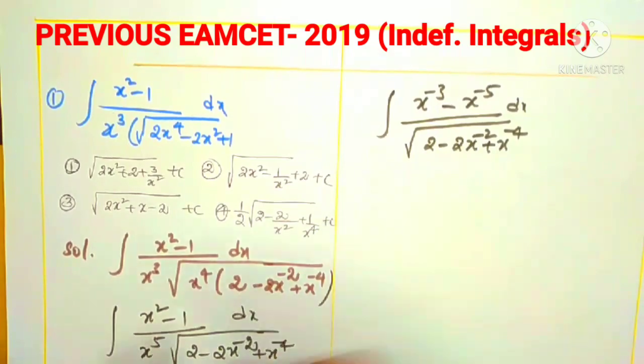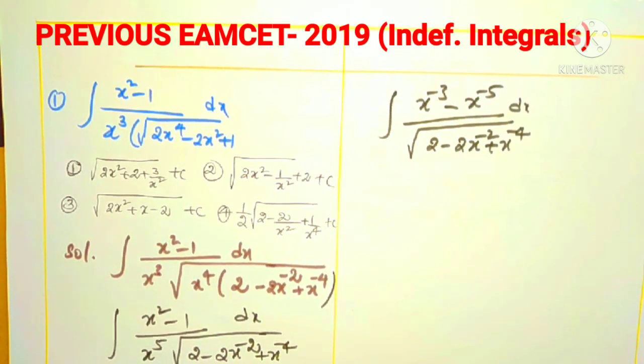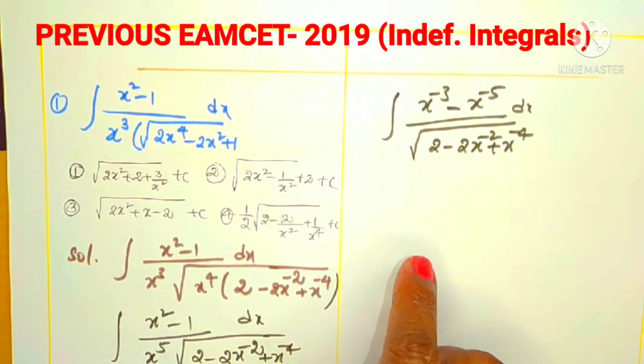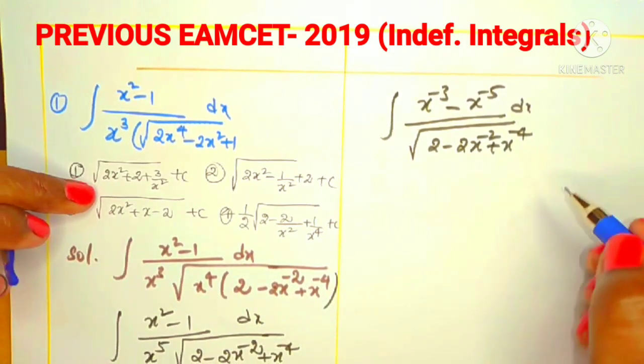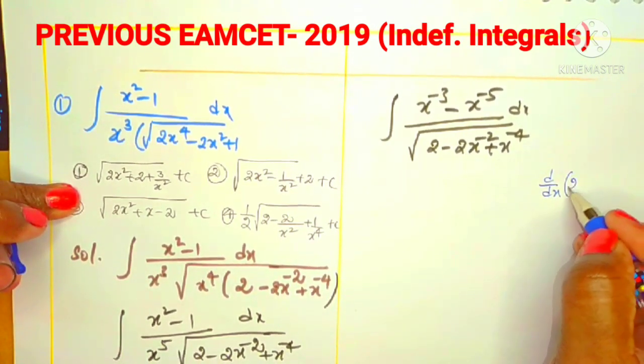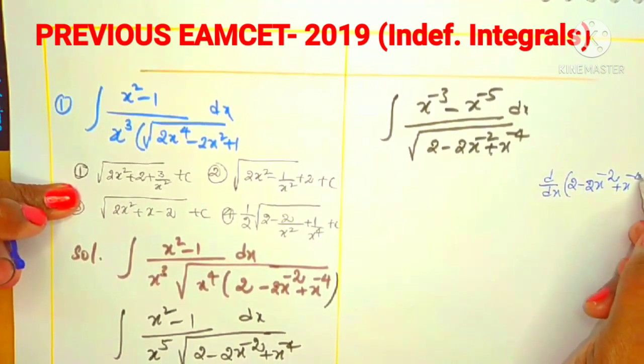What is the derivative? We can check the derivative d by dx of 2 minus 2x power minus 2 plus x power minus 4.